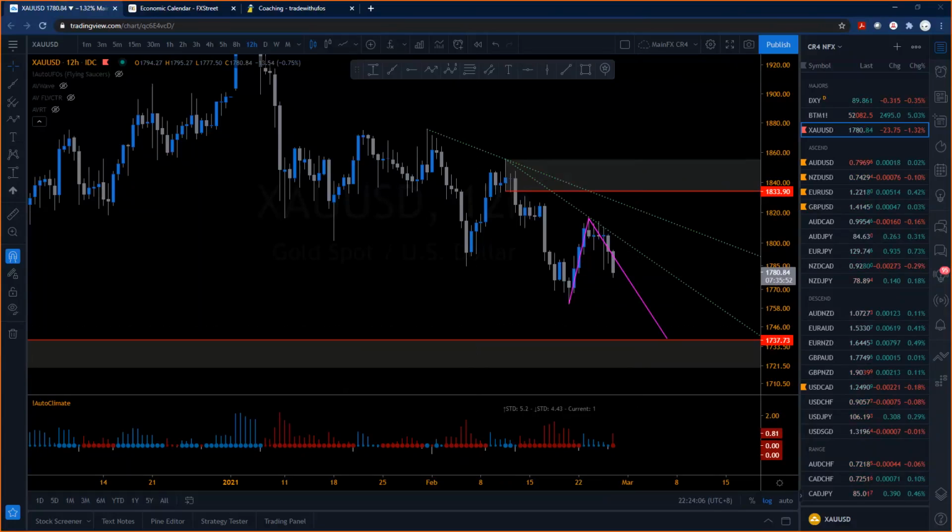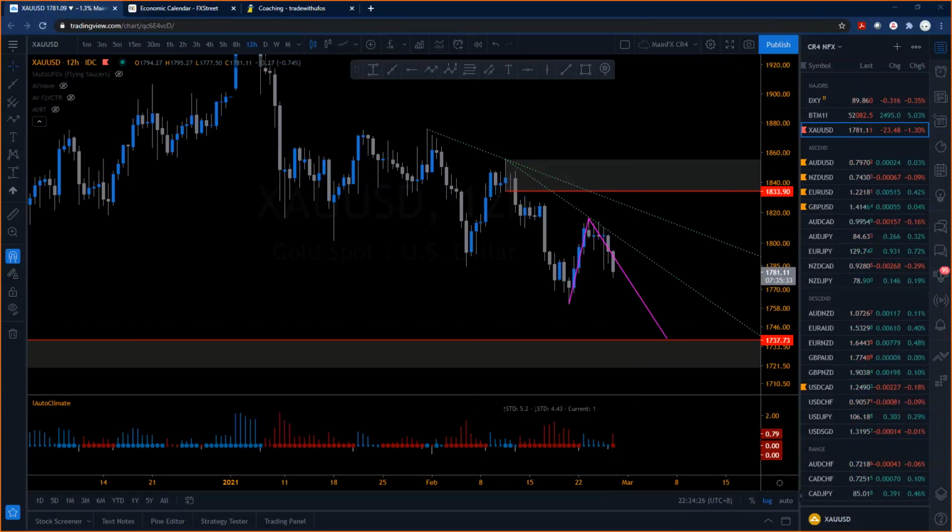The correlations do break. So this is one time where the dollar is going down and gold is going down. So then you have to ask the question, if people are selling dollar, where are they putting their money into?